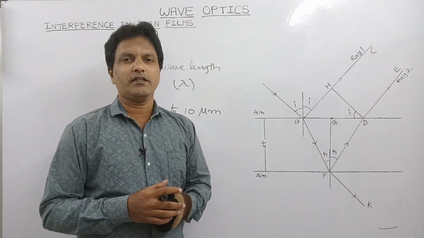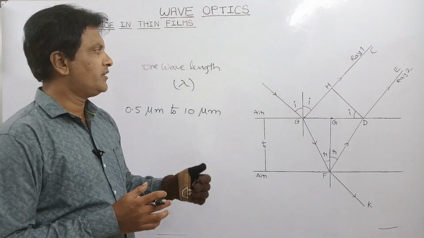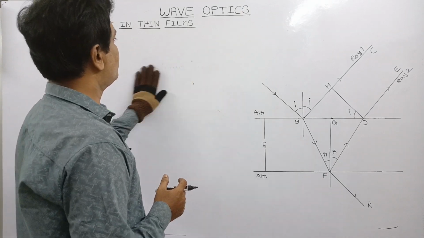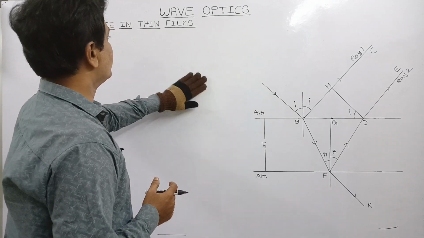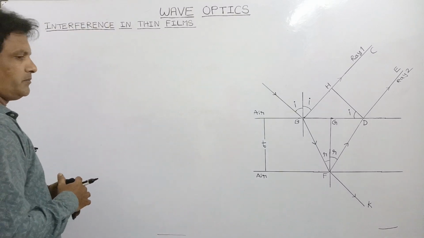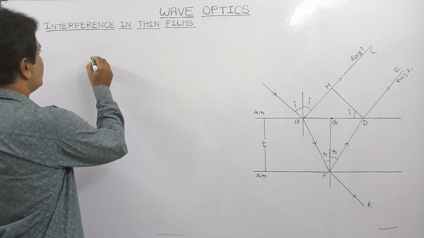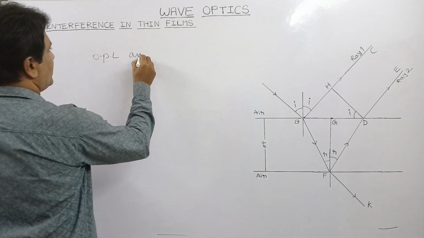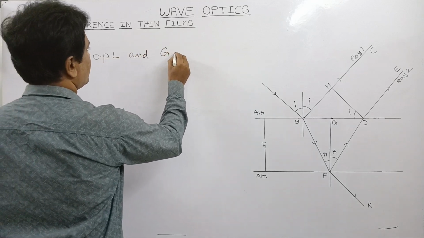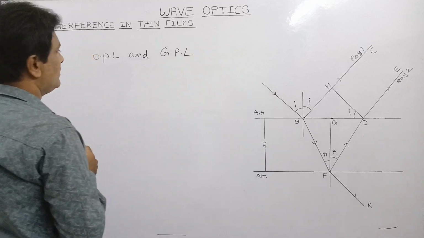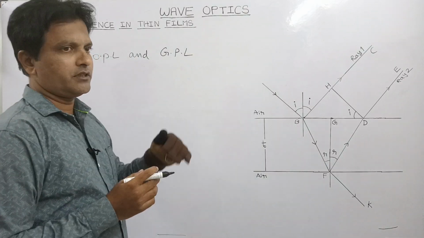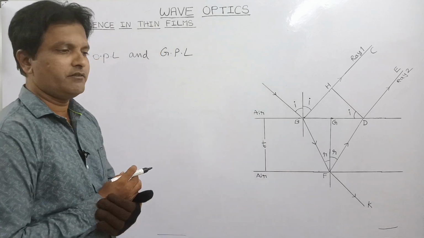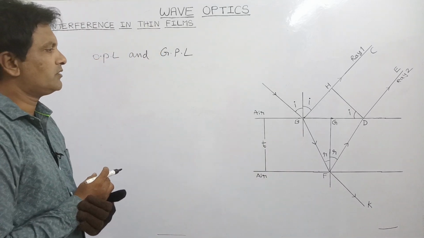Before understanding the interference pattern in thin films, we need to know some definitions of optical path length and geometrical path length. Optical path length is called OPL, and geometrical path length GPL. If we understand these two, then we can follow the derivations in this topic.